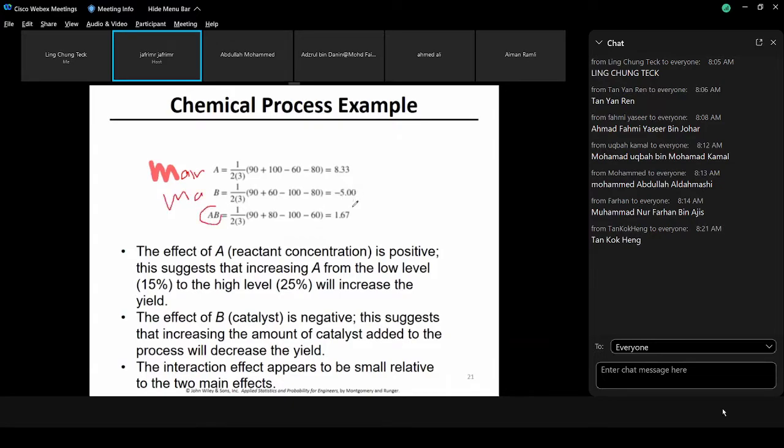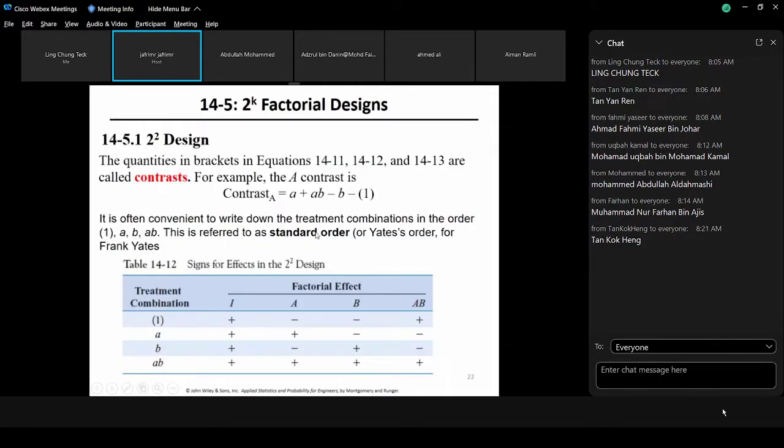Just application of the formula: how to calculate main effects of A, main effects of B, and interaction effect of AB, right? Application only, nothing fancy. Okay, this is very interesting, as I mentioned.